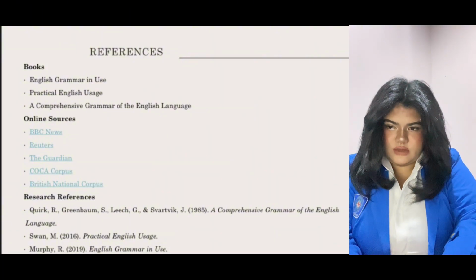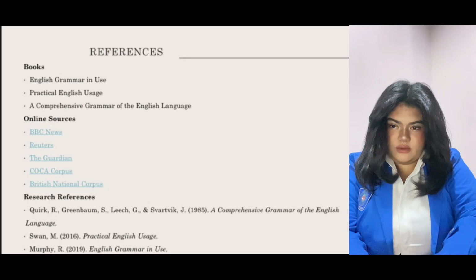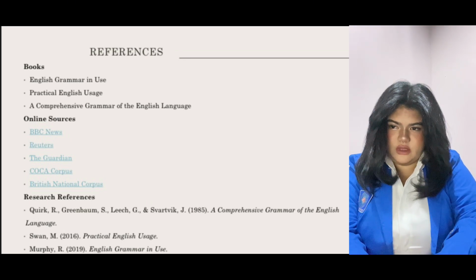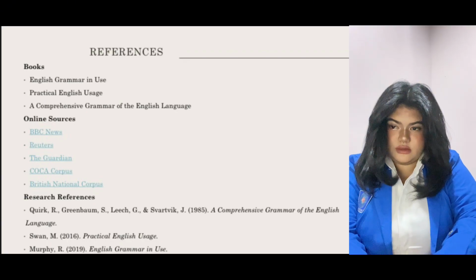And for the research references: Quirk R, Greenbaum S, Leech G, and Svartvik J, 1985, A Comprehensive Grammar of the English Language; Swan M, 2016, Practical English Usage; and the last one is Murphy R, 2019, English Grammar in Use.